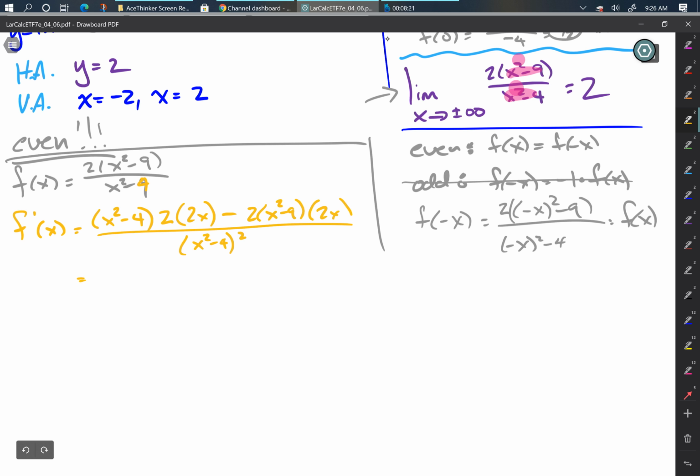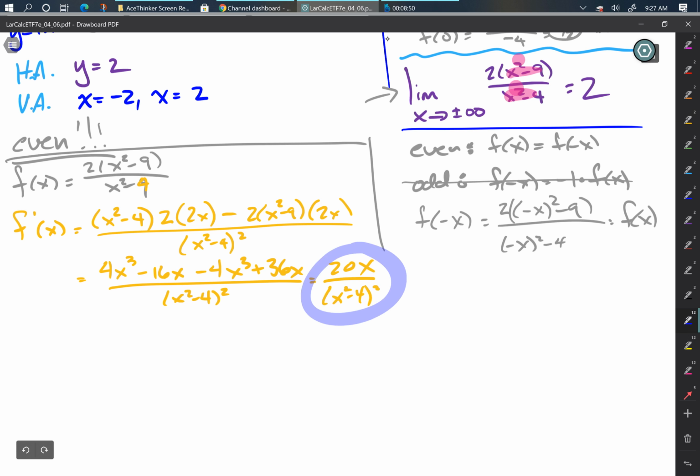Cleaning up that numerator a little bit, we're going to get 4x cubed minus 16x minus 4x cubed plus 36x over x squared minus 4 squared, which is going to give us, after we clean it up a little bit more, 20x upstairs and x squared minus 4 squared downstairs. And that is going to be our first derivative.